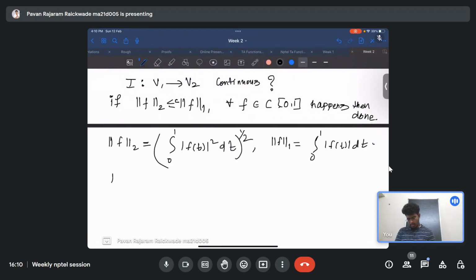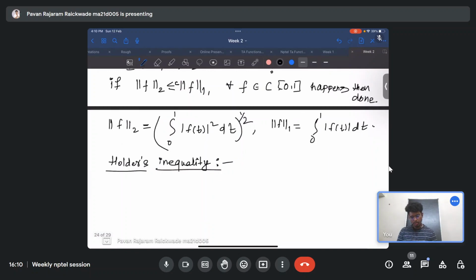So anyone know Holder's inequality? Holder's inequality simply says that integral from 0 to 1 of |f g| dt is less equal p norm of f times q norm of g.